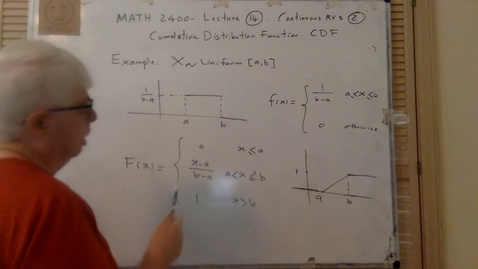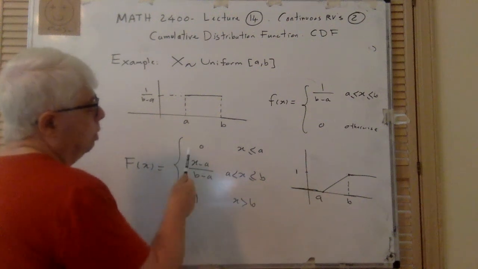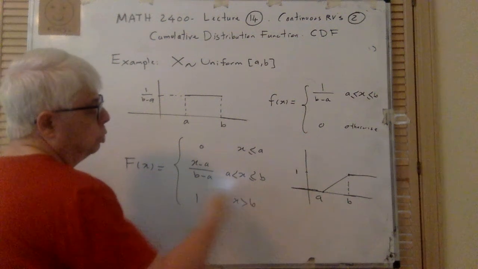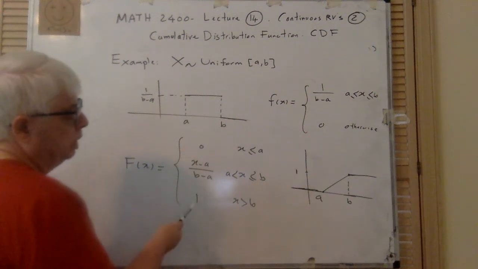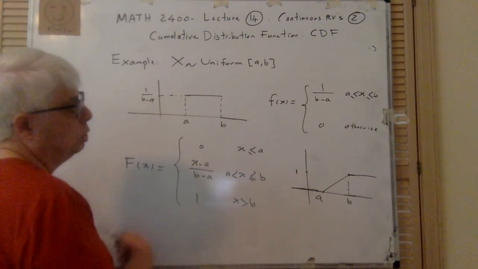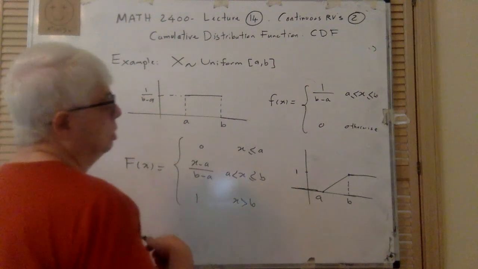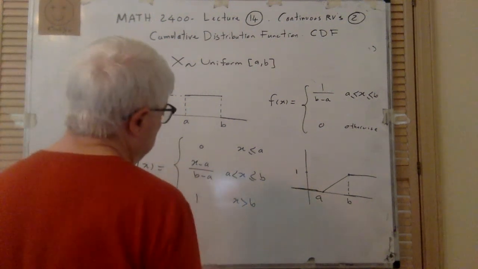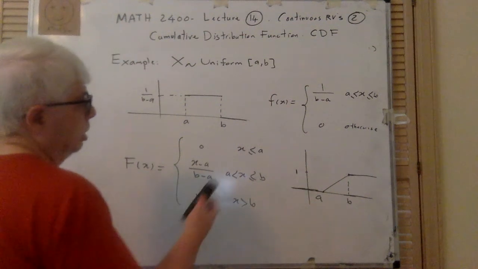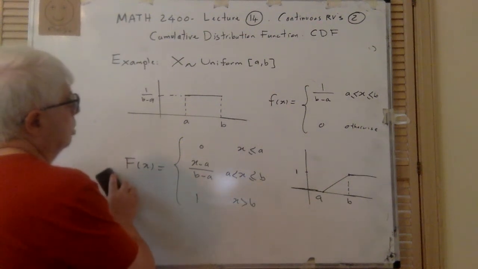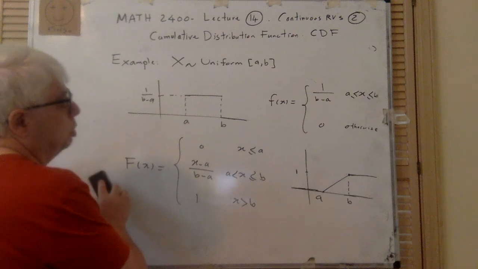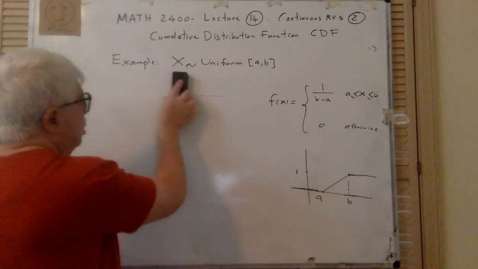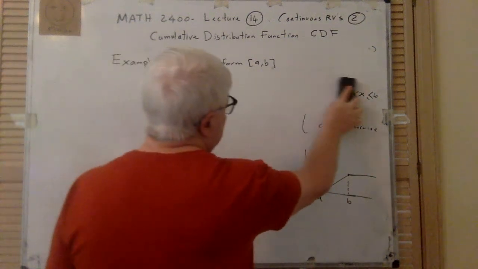But first of all, it is 0 as x goes to negative infinity, and it's 1 as x goes to positive infinity. Let's look at this in a more mathematical way than just looking at this example. But this is nice, and as I said, the uniform distribution is the simplest example. So let's look at the formula and see what we can get.